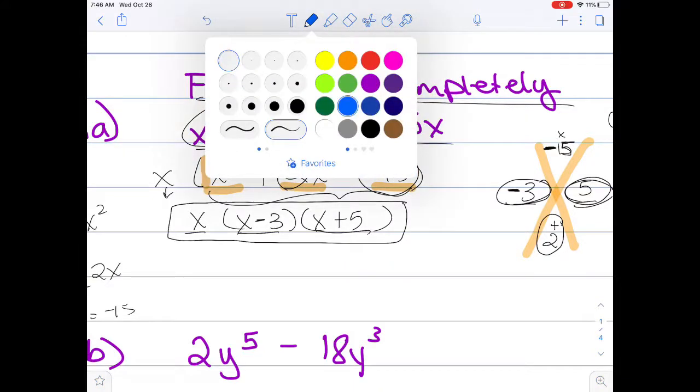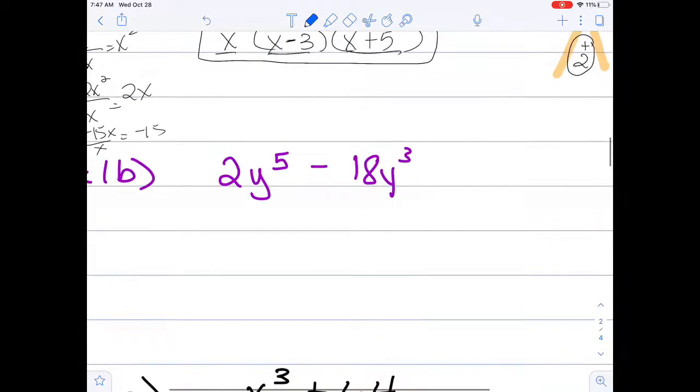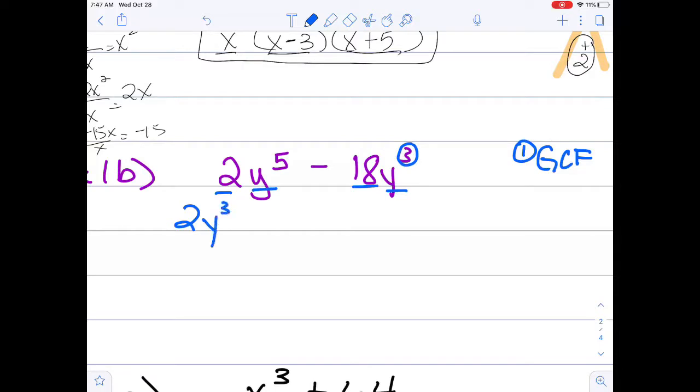I'm going to make it a little bit bigger. All right, again, step 1, we always look for a GCF. I see both of them have a 2 that we can pull out, and they both have a variable of y, and the smallest exponent we see is 3. So I'm going to pull out a 2 and a y to the 3rd. So 2y to the 5th divided by 2y to the 3rd, the 2's cancel.